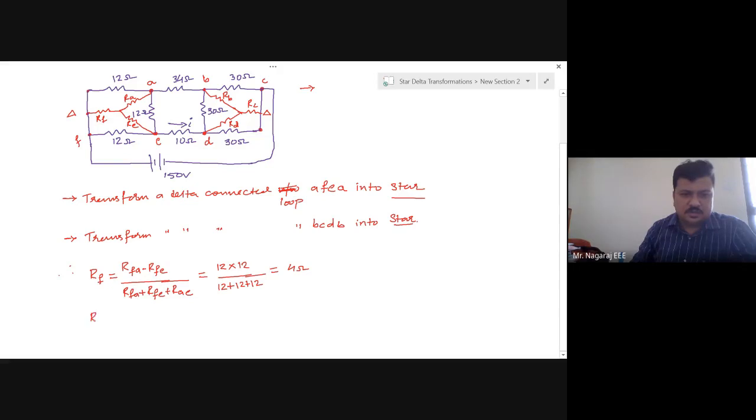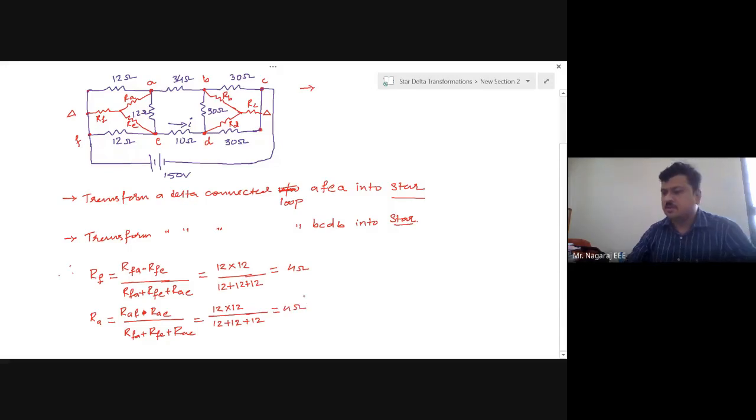Okay, RA is equals to RAF into RAE divided by RFA plus RFE plus RAE. Same, 12 into 12 divided by 12 plus 12 plus 12, 4 ohms.